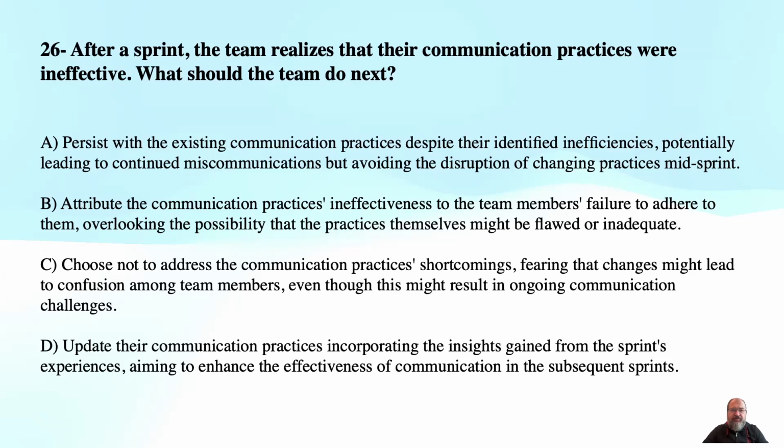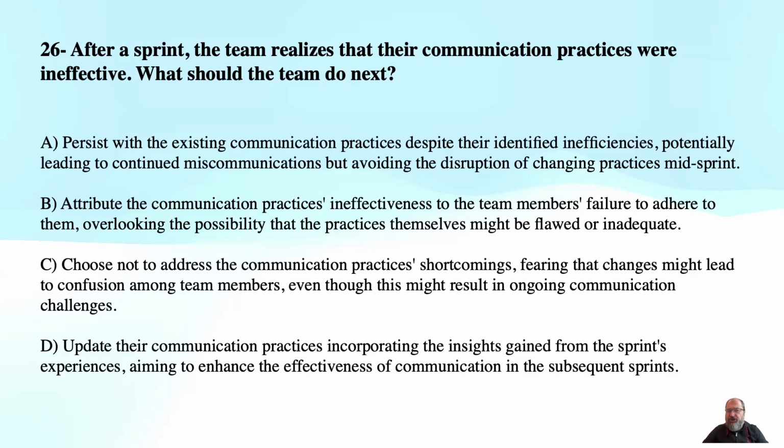For option beta, this choice is not in line with Agile principles, as it shifts blame to team members without considering that the practices themselves might need improvements. Agile teams focus on collaboration and shared responsibility rather than assigning blame.